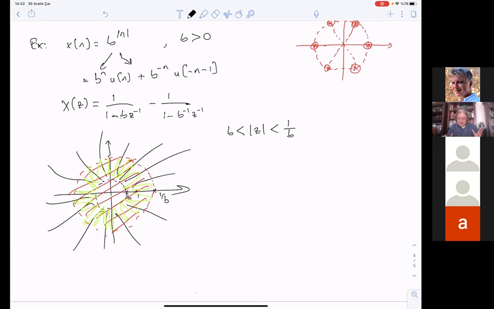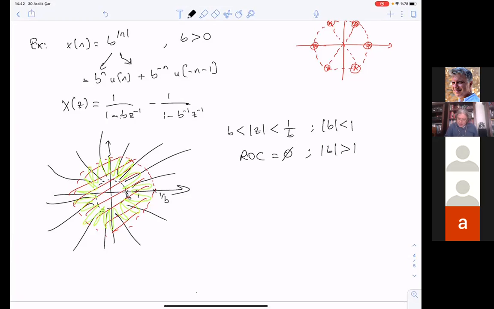Therefore, if b is greater than 1, then the region of convergence would be empty set. So this is valid if b is less than 1 in magnitude, and its region of convergence would be an empty set if b is greater than 1 in magnitude.